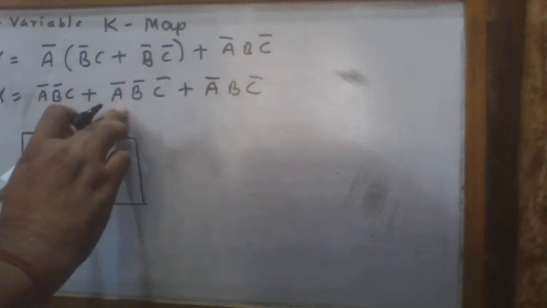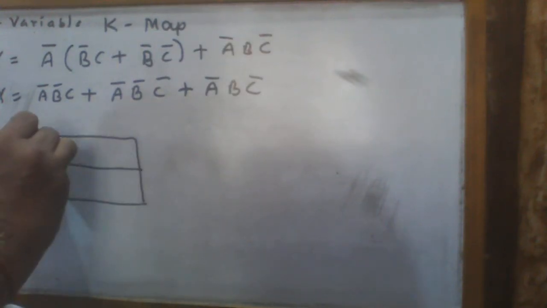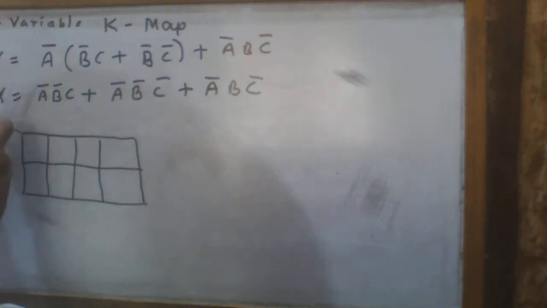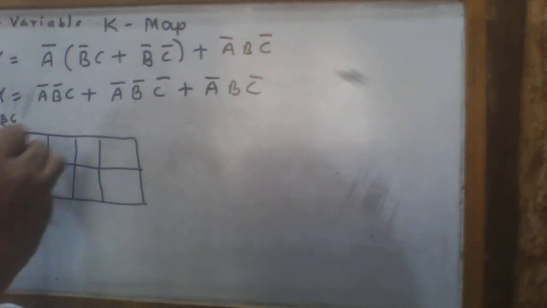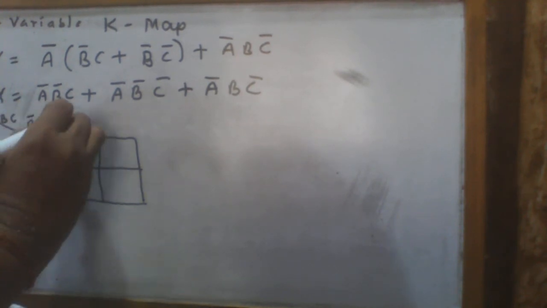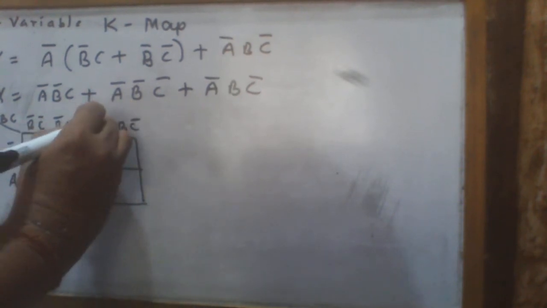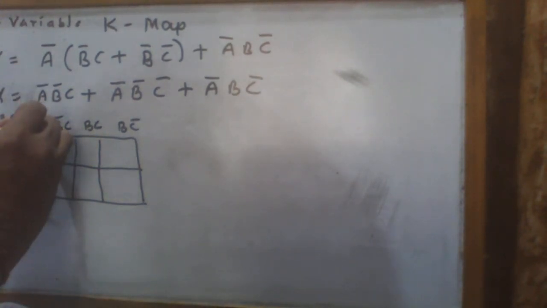There are 3 variables in each term, therefore it is not necessary to modify the equation. The variables are A, B and C. I will write A bar here and A here. Here I will write B bar C bar, B bar C, B C bar, and this one is BC. In this way, I will write all these terms.